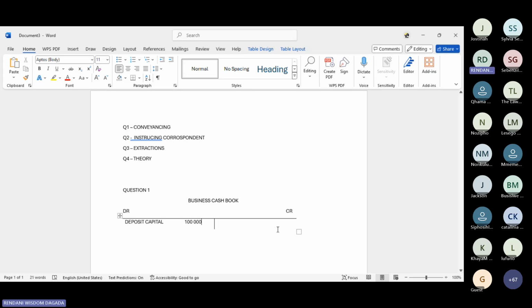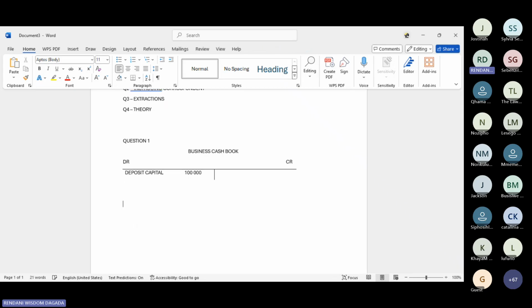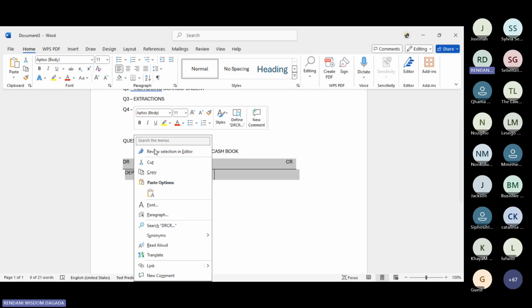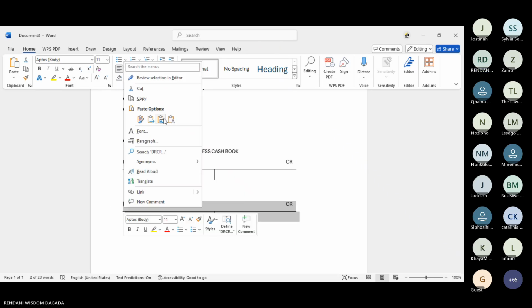Now, your answer doesn't stop there for number 1. You must also do what I like to call the double entry. Okay, sorry about that. Let me just copy this book. You need to do another transaction for the first transaction called the double entry. You need to enter it 2 times. Let me just copy the book so that I don't have to draft again.